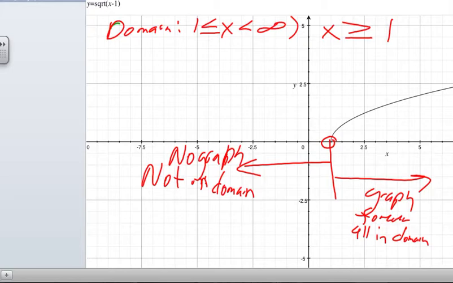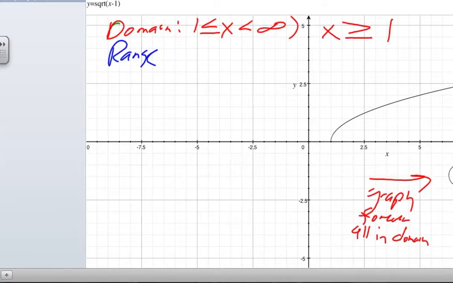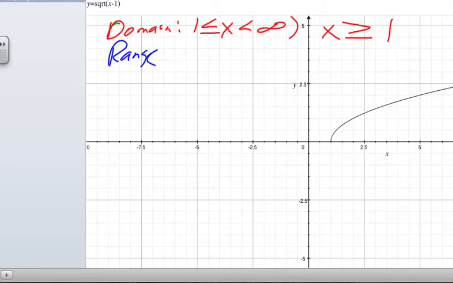All right, so now let's back around and take a look at range. Okay, I'm going to erase all this mess because we've been there, done that. I want to do the same thing by looking just at my y values. So I'm going to start with my x-axis, look below that, and I notice no graph down below here.